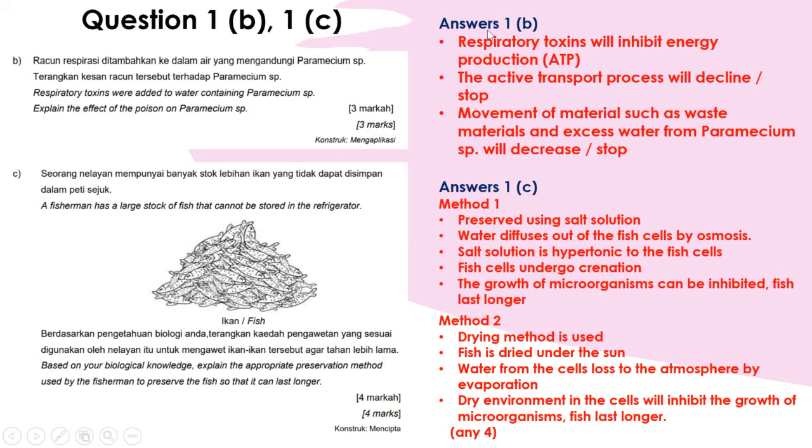Let's go to the answer here. Respiratory toxin will inhibit energy production, by inhibiting the cellular respiration. So when the cellular respiration is inhibited, it also inhibits the energy production, and the active transport process will decline or decrease and stop.